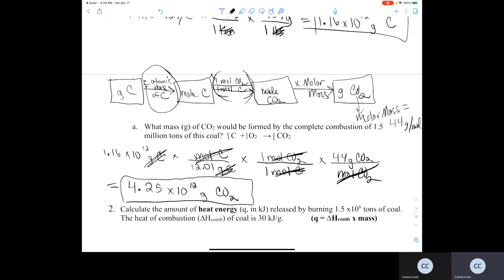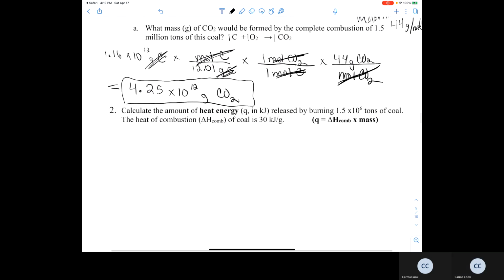Question 2. Calculate the amount of heat energy in kilojoules released by burning this 1.5 times 10 to the 6 tons of coal.